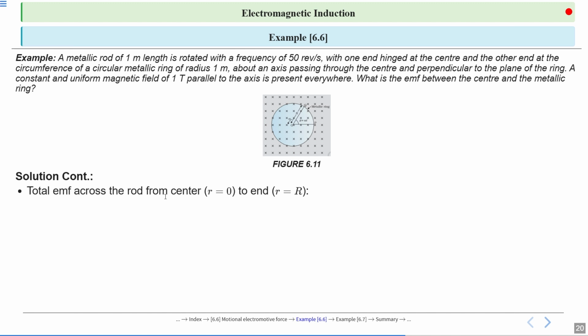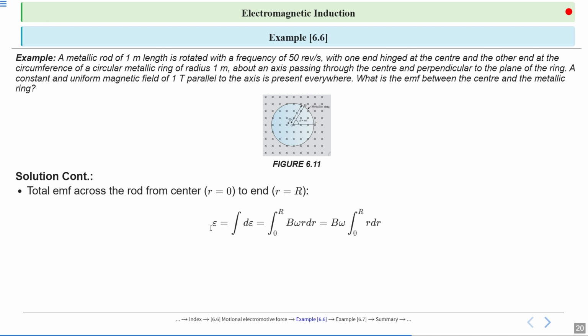Okay, so total EMF across the rod from the center to the end. From the center O to the end Q, the EMF induced in the whole rod is from r equal to 0, the distance from the center at the center is 0, to r equal to capital R at Q, that is the radius, or we can say the length of the rod.